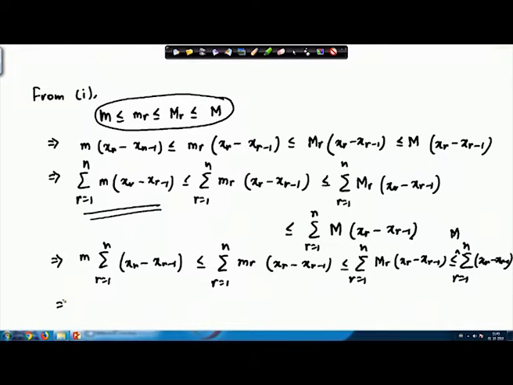Now, here what we are basically doing, we are summing the difference of all the subintervals.